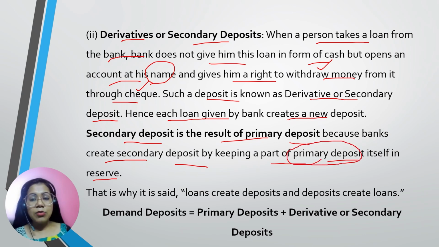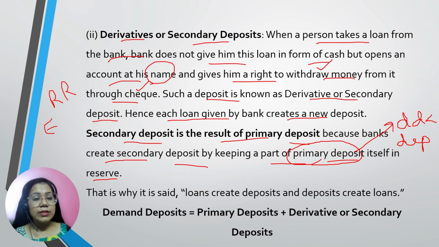Now, the amount demanded every day by the consumers or by the depositors is less than what has been deposited in the banks. So the difference, after keeping an amount of required reserves, what is left is the excess reserves. This excess reserves is used by the banks to create secondary deposits or to create loans.